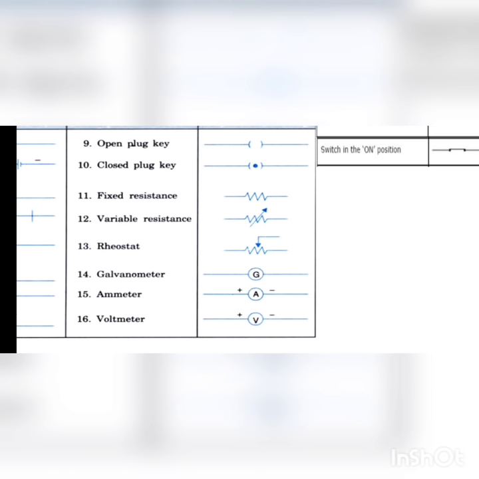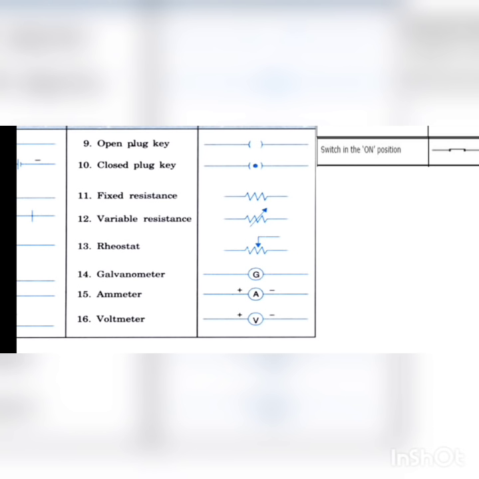Fine. A variable resistance means one whose value I can change. So it is nothing but a resistance with an arrow in between. Fine. A rheostat is a potential divider which is used to vary the potential difference across a resistor, and its symbol is somewhat like this. Fine.